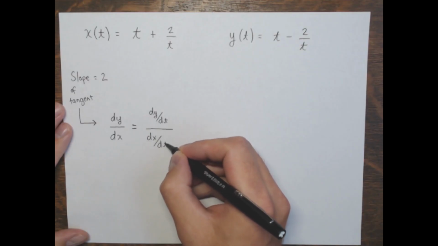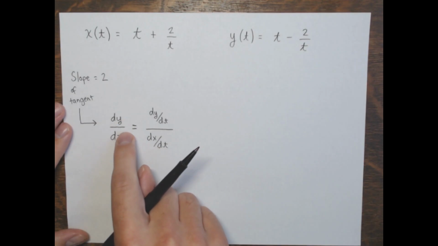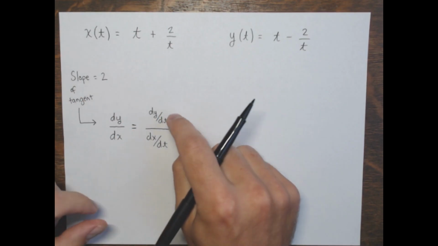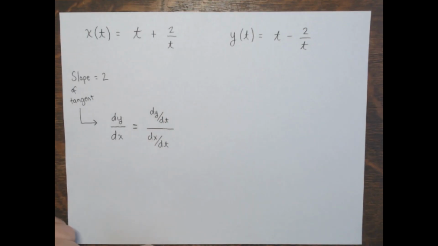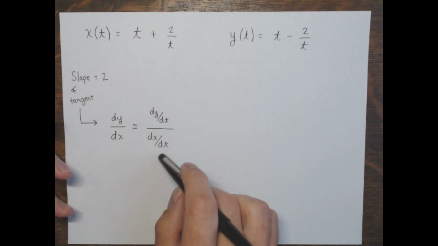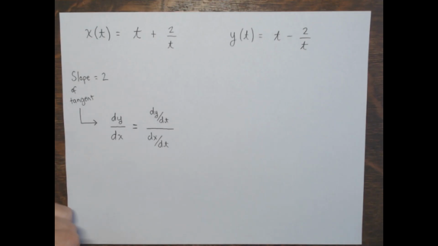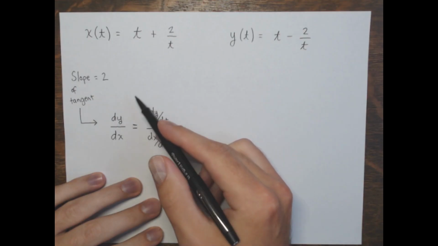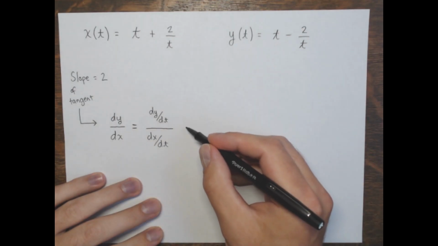So it's almost as if you took the dy over dx and divided, in quotes, the numerator and denominator by this dt, even though technically that's not what we're doing. There's a development for this that I'm not going to get into here. So just know this: in parametric equations, this is your slope of a tangent line.